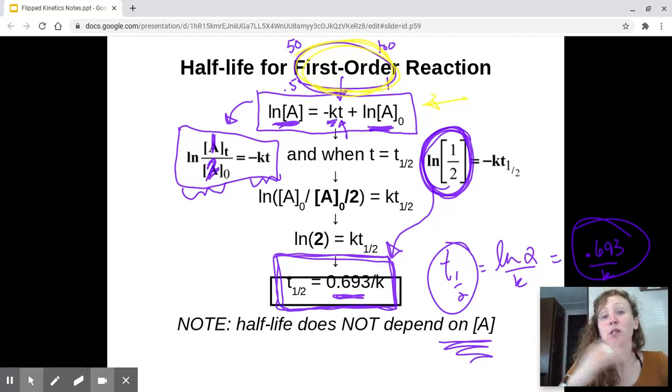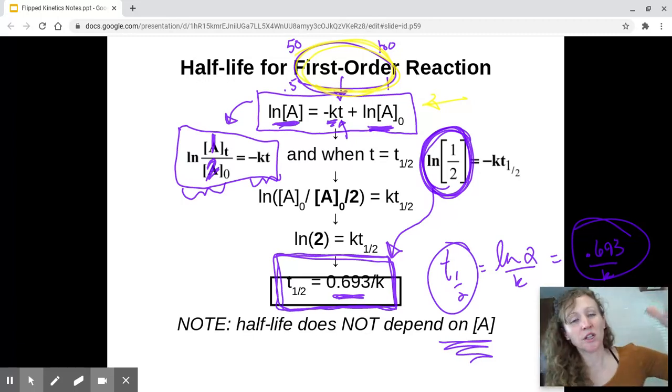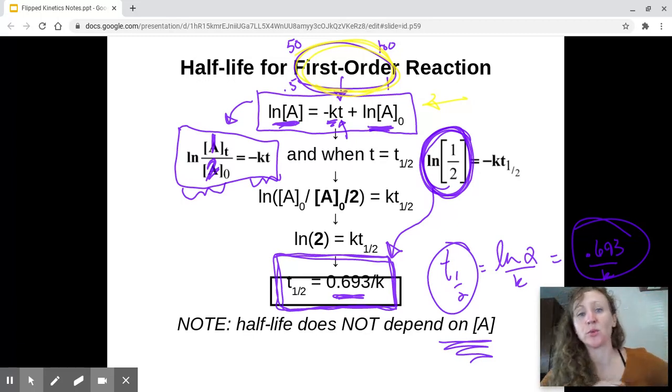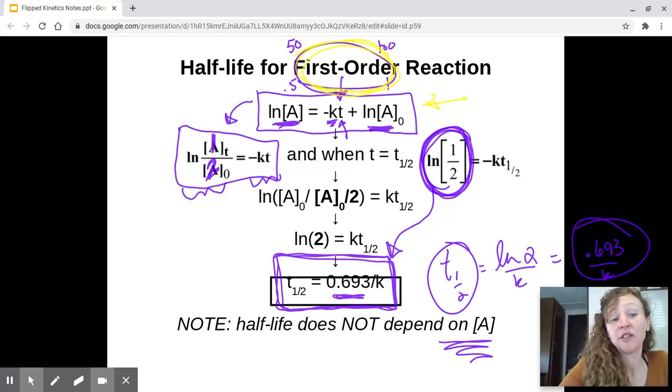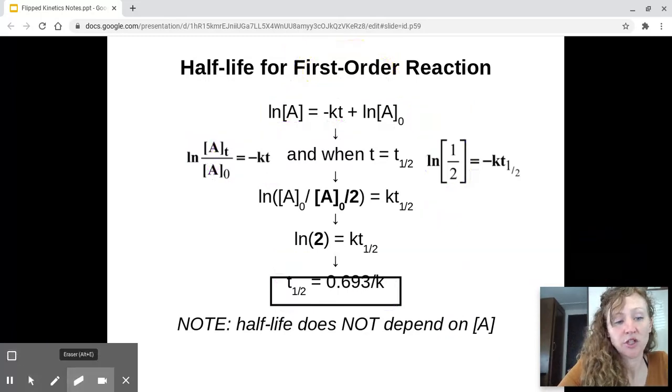Your half-life will continually change with your continually changing reactant concentration, and that is not a very useful half-life equation. So really the only useful half-life equation is the one for first order reactions. Zero order reactions and second order reactions, because their half-life equations are dependent on the concentration of their reactant, become kind of useless equations.